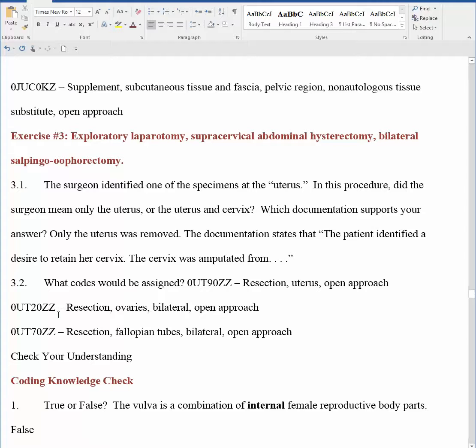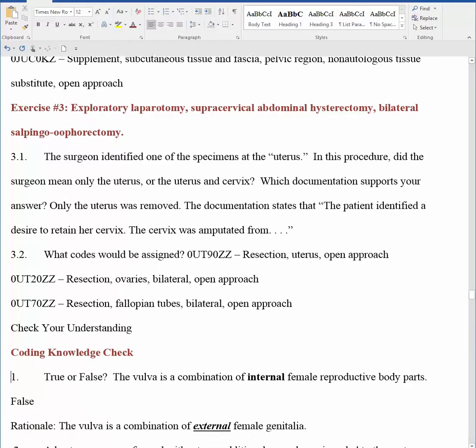So we have one code for both ovaries, 0UT20ZZ, and her fallopian tubes were removed. We also have again one body part character value that reflects both fallopian tubes. So we have one code for both, 0UT70ZZ.